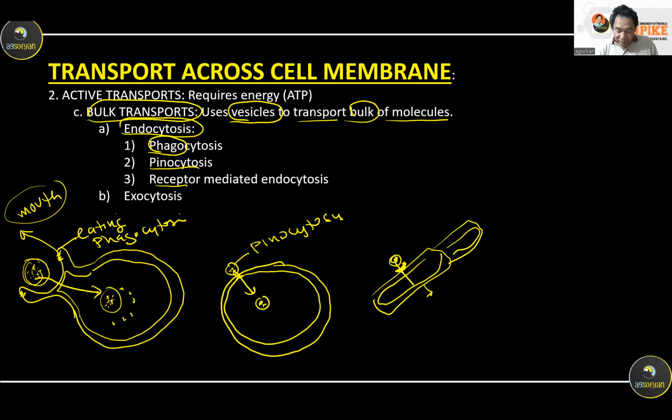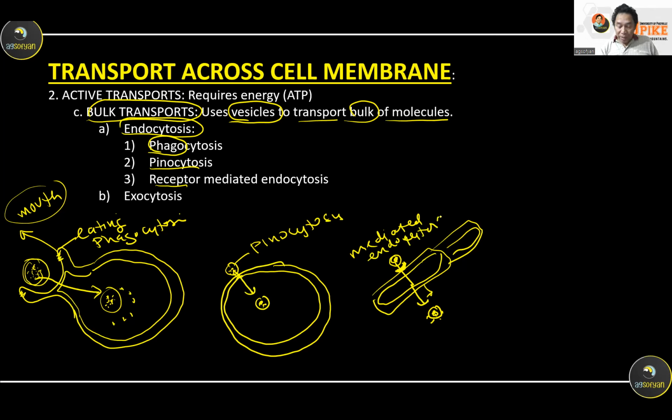But this vesicle does not stay in the cell; it goes through the cell and finally is released under the cell. So it's actually crossing the cell. It's not used by the cell itself. It will be used by the next area, maybe below this line of cells. So this is what we call receptor-mediated endocytosis.